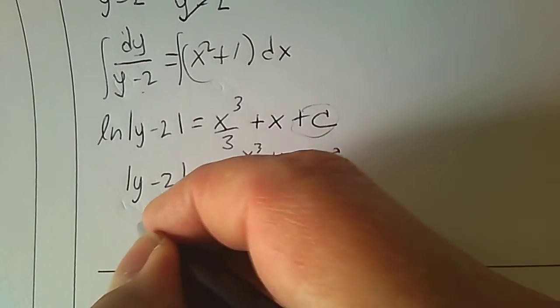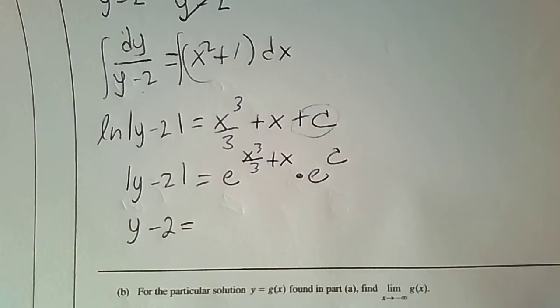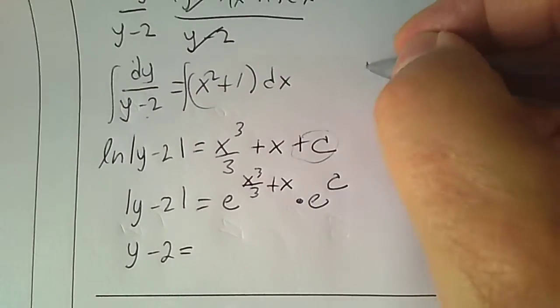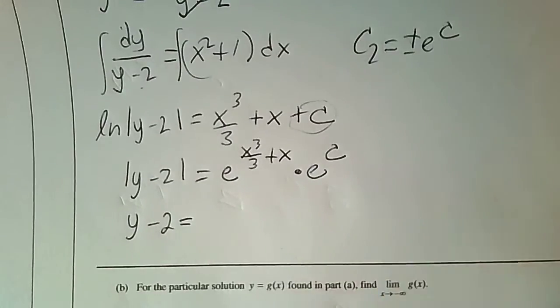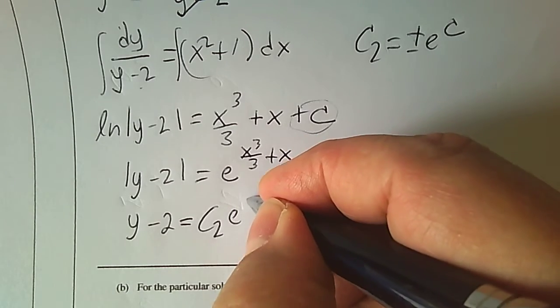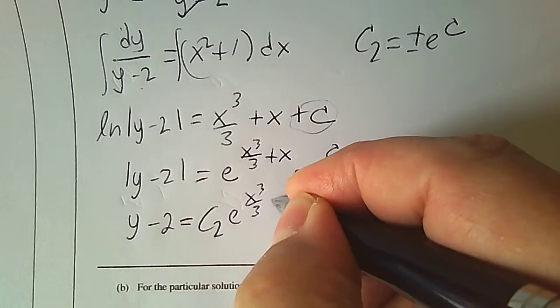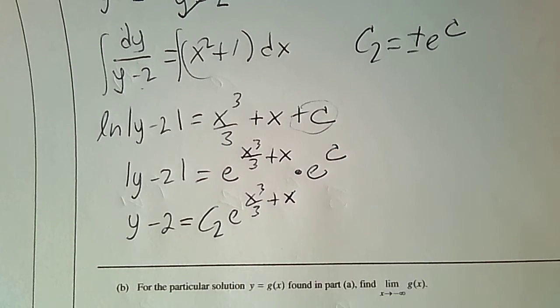And then when you remove the bars, you can just simply redefine the constant. So that c2 is plus or minus e to the c. So now we just have a c2 in front, and then e to the exponent x cubed over 3 plus x.